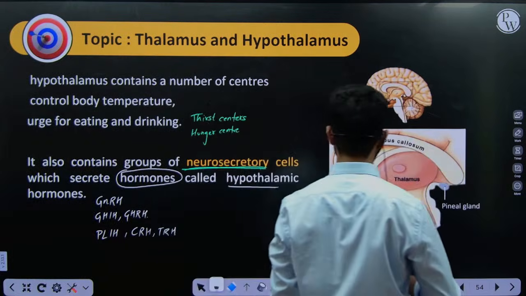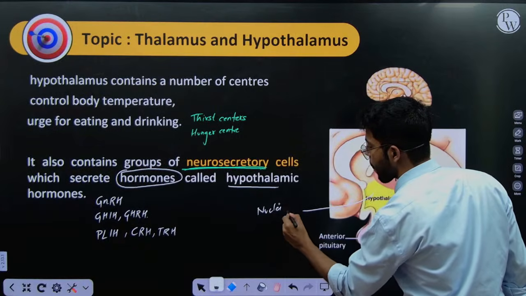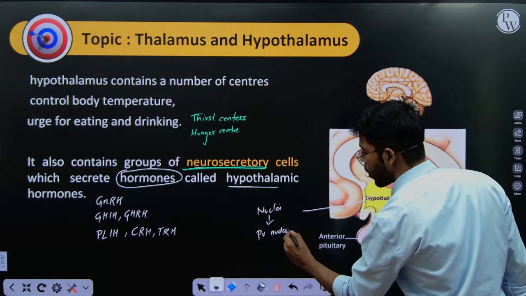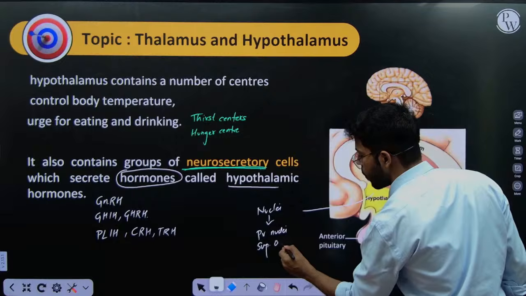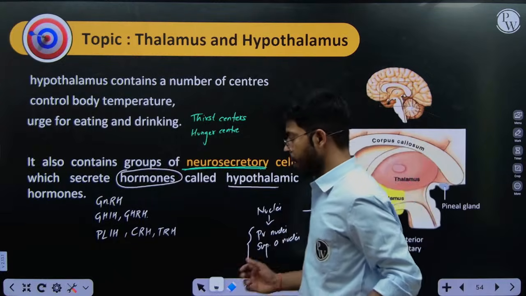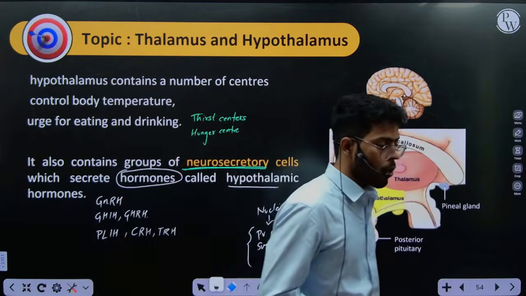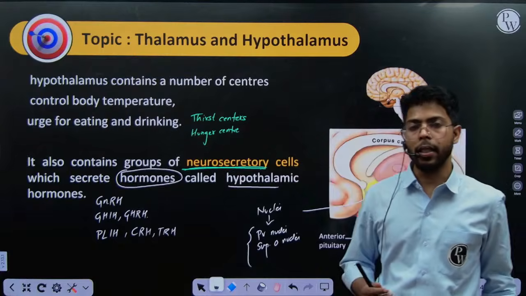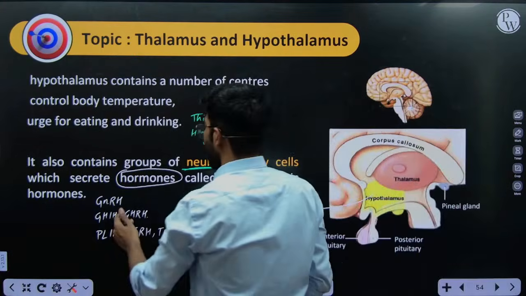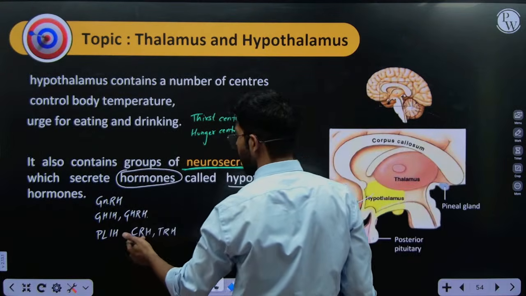It also has nuclei, for example, paraventricular nuclei or supraoptic nuclei. These are responsible for the synthesis of oxytocin and ADH. ADH is also known as vasopressin, AVP. So the hypothalamic hormones are GnRH, GHIH, PIH.